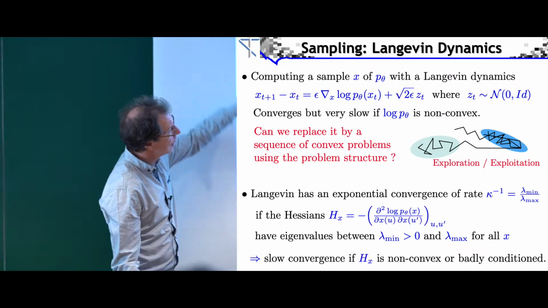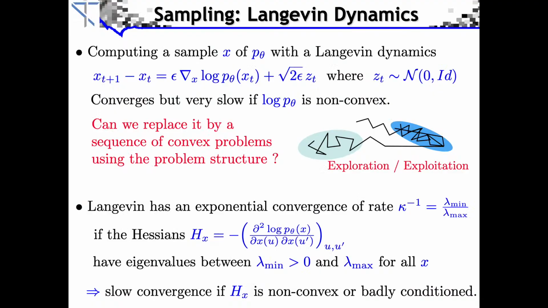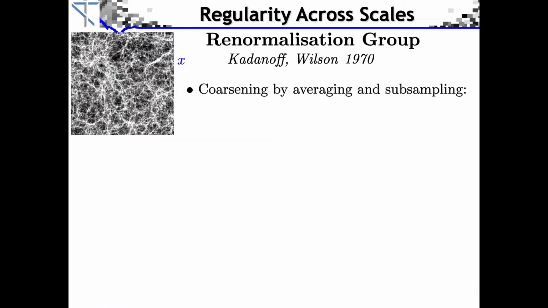So exactly as in the previous case, the rate of convergence, if you are in the case where the Hessian is positive, is given by the Hessian, but here the Hessian is computed as the second derivative relative to the variable x. So in these problems, we have two Hessians that we want to control in order to be able to identify the parameters and in order to sample the field.